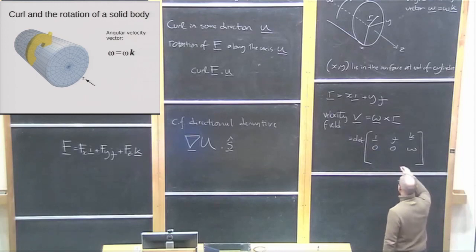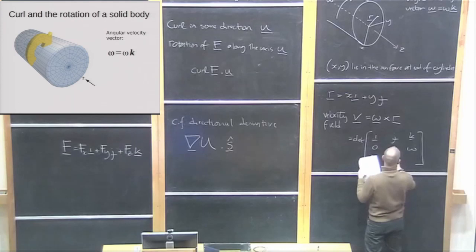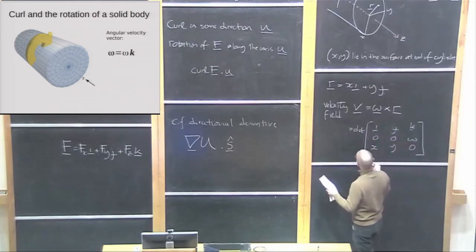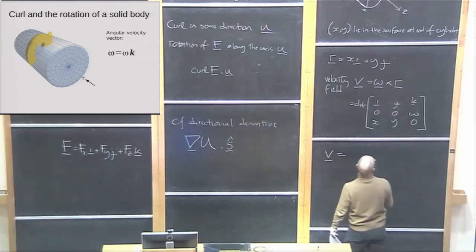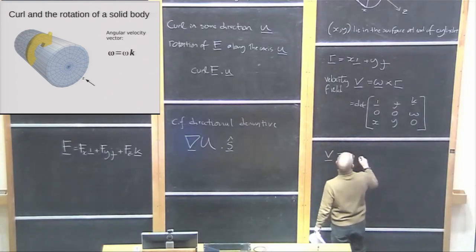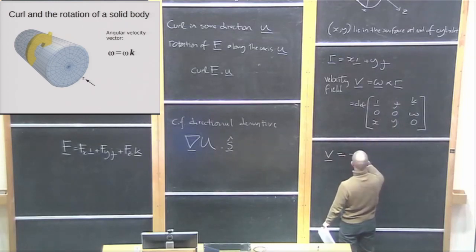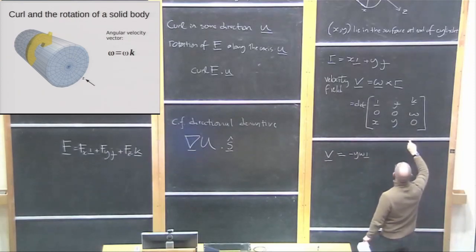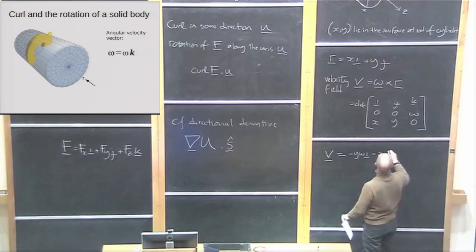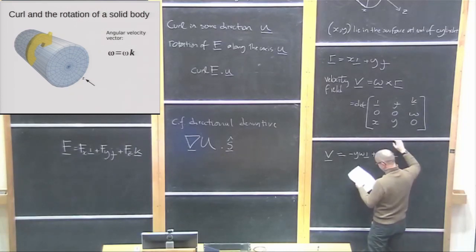And our position vector only has x and y components, that's x and y and 0. So what we see then is our velocity field is a vector field which is minus y omega i plus x omega j.